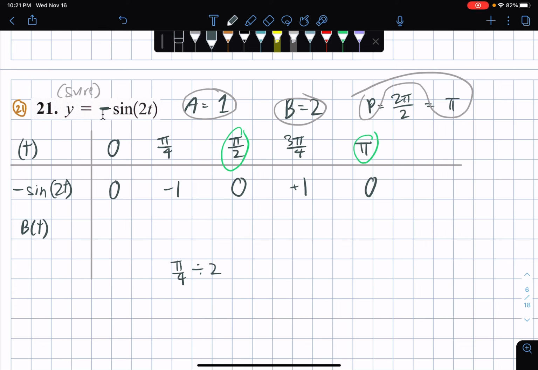Hang on. Pi over 8 times, if you convert this in degrees, wait, it's a decimal, I suppose. I'll just get my calculator in a few seconds.